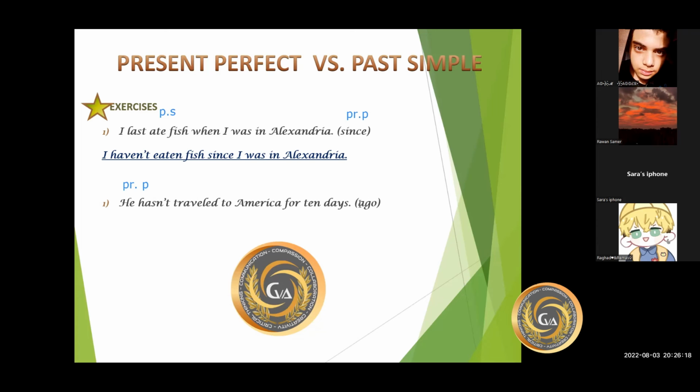And ago we said is a keyword or an adverb for the past simple, right? How can I change it? Look here, it was past simple and I changed it to present perfect. How about if it's present perfect and I want to put it in the past simple? What do you think? We want to keep the meaning and write a correct structure.